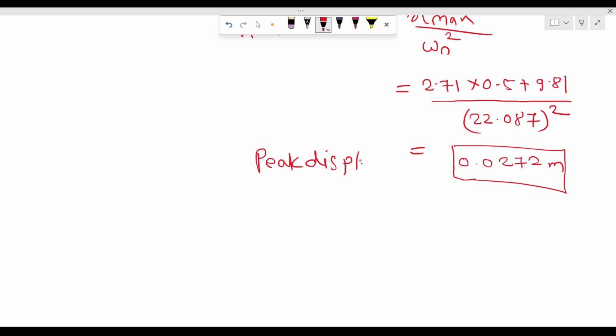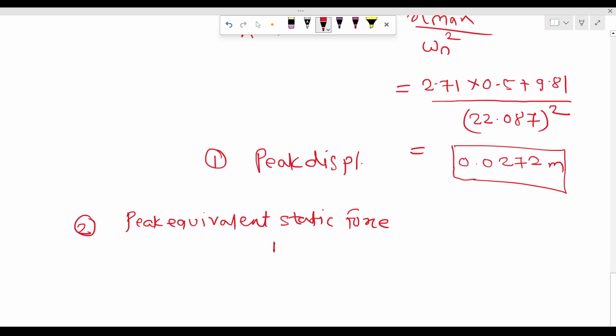Okay. Now second thing they have asked, this was the first thing, and now the second thing is peak equivalent static force. So we know that force is equal to mass into acceleration, right? Or m x double dot.